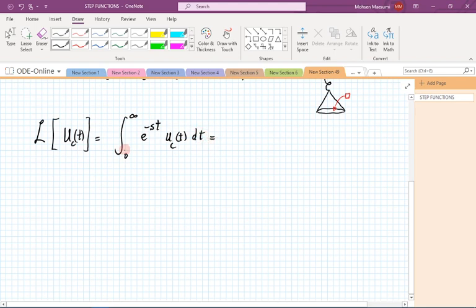We take this integral and break it according to our time. So we go from 0 to c of exponential of minus st u sub c of t dt, and then we go from c to infinity of the same thing, exponential of minus st u sub c of t dt.